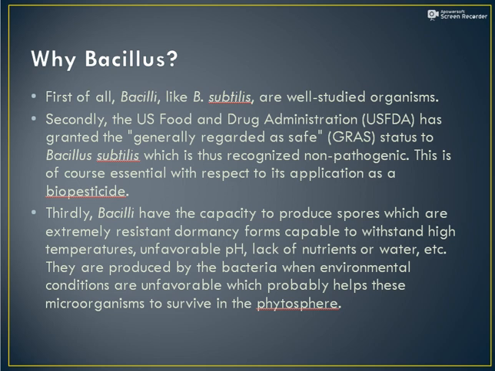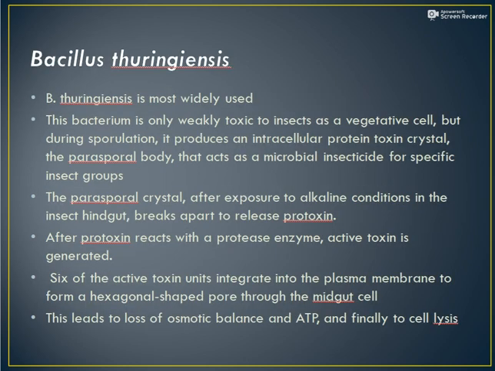So you need to choose a biopesticide which can grow nicely in lab conditions, and even if you apply it in the soil where the nutrients and temperatures vary, the bacteria should survive. Bacillus subtilis meets all these demands, and hence it has been used as a good biopesticide.